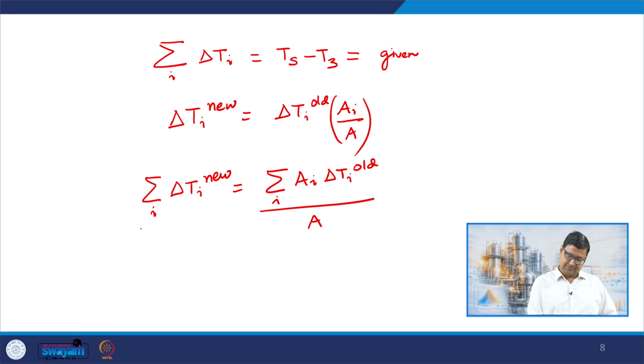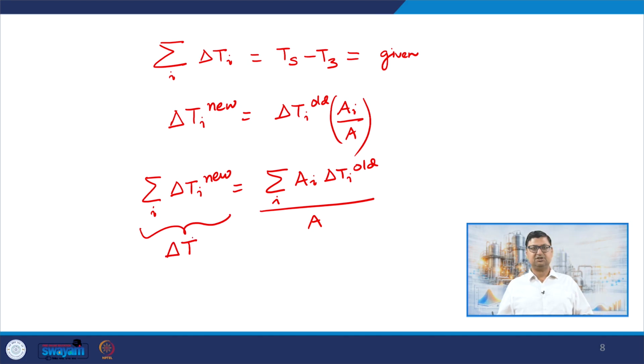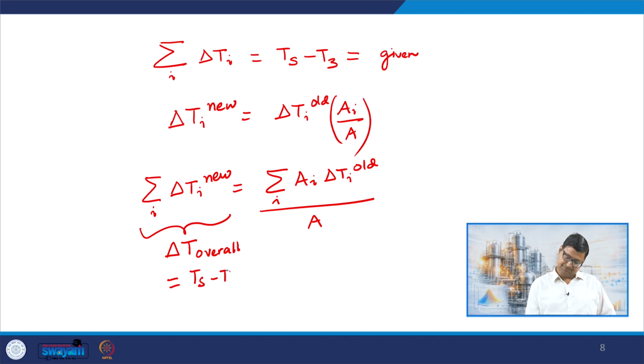And this is something known to us. This is my delta T, that is delta T overall, that is equal to Ts minus T3. So, I can use this to find the value of A.